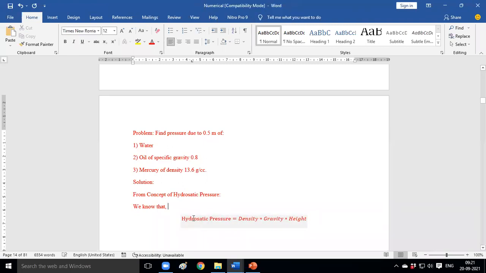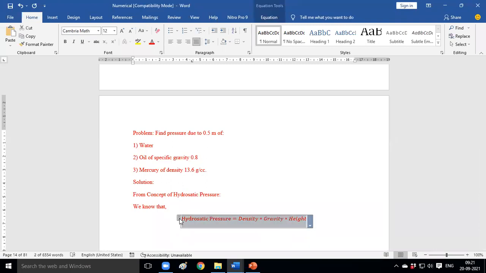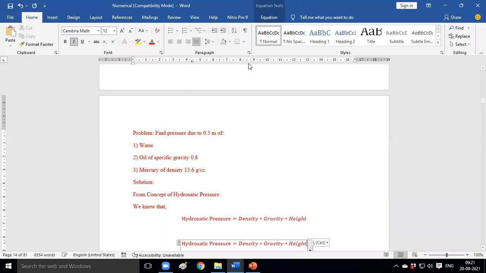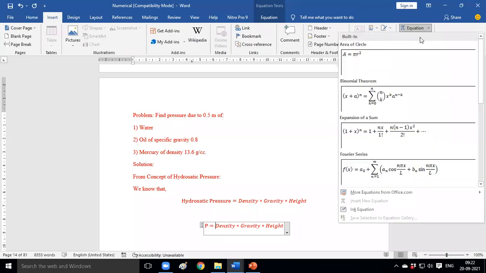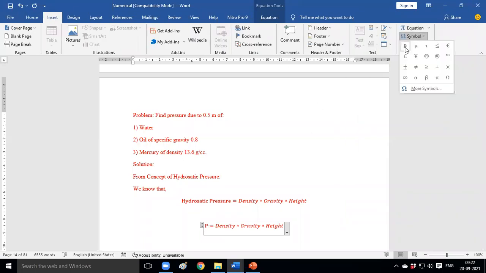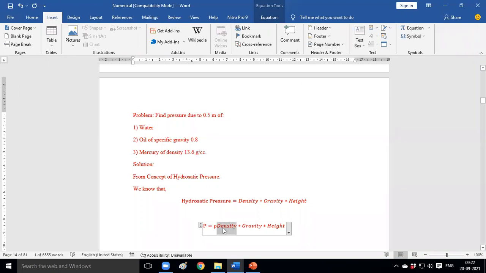In terms of symbolic representation, the hydrostatic pressure is represented by the notation P. Density is represented by the notation rho, and gravity is represented by the notation g.